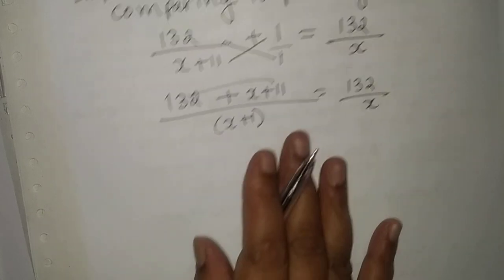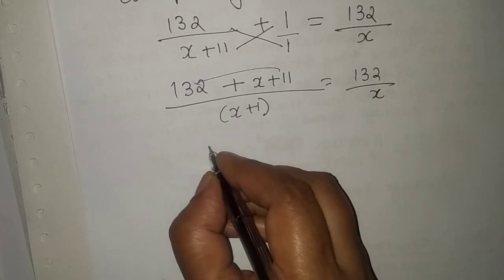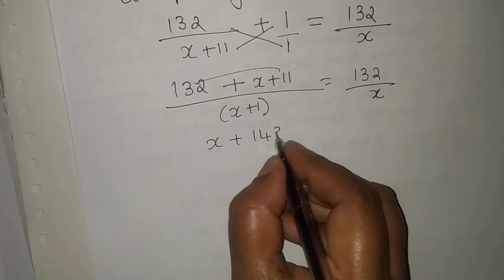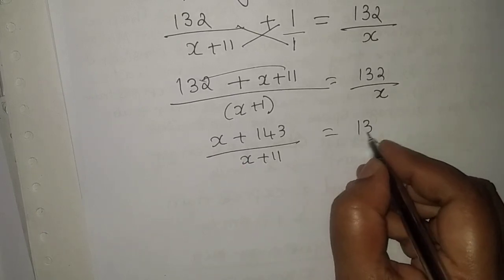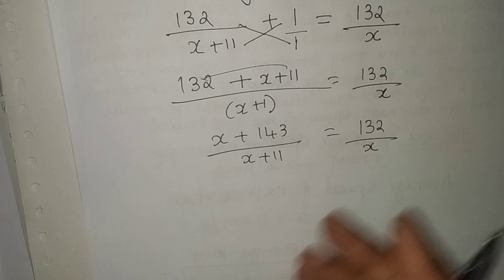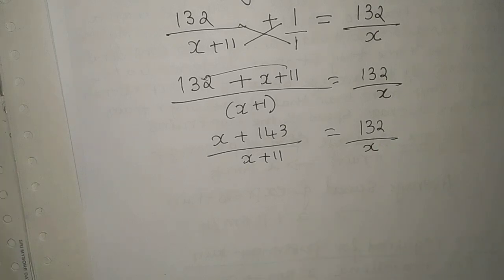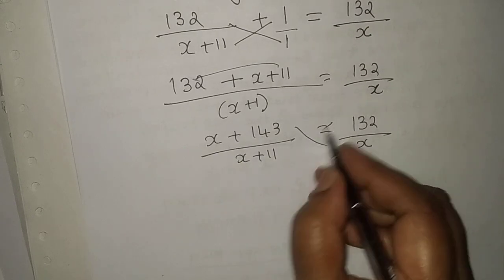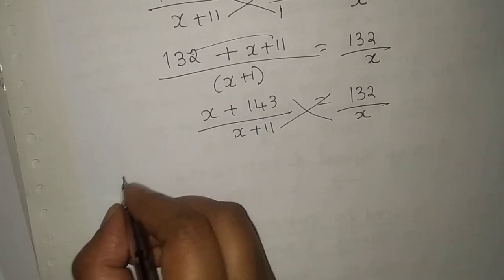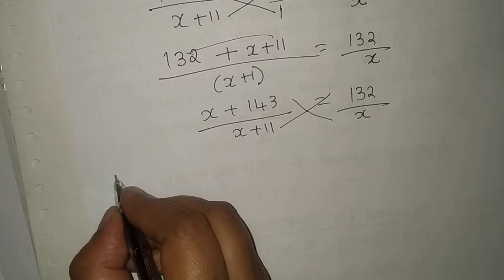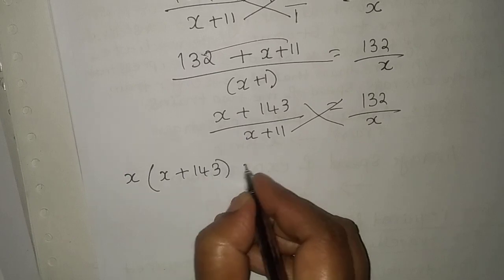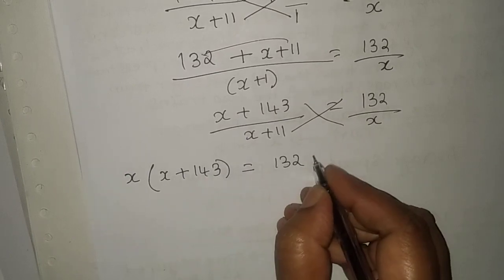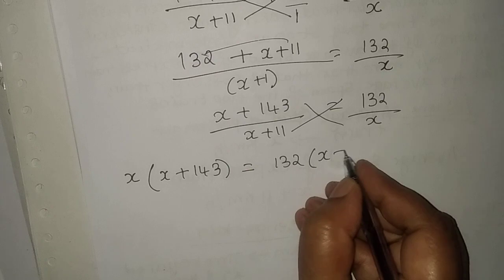Adding these, this becomes x plus 143 by x plus 11 equals 132 by x. After this, cross multiply again, and we get x into x plus 143 equals 132 into x plus 11.